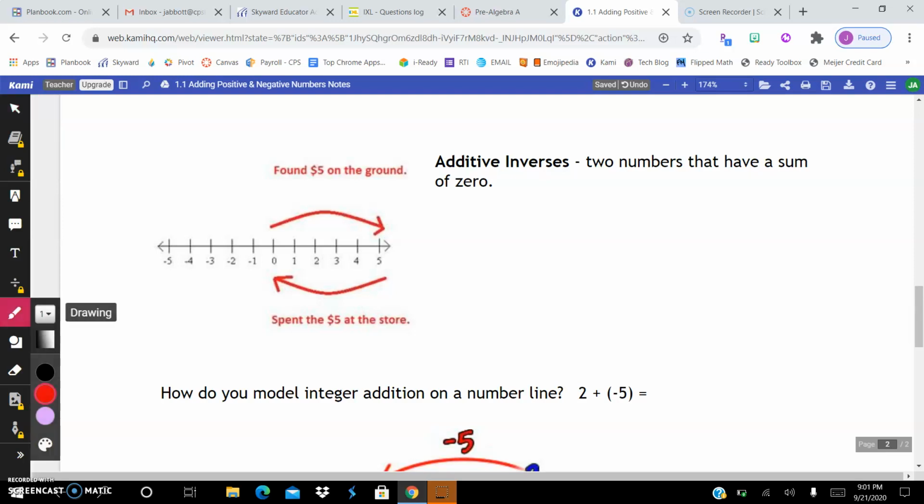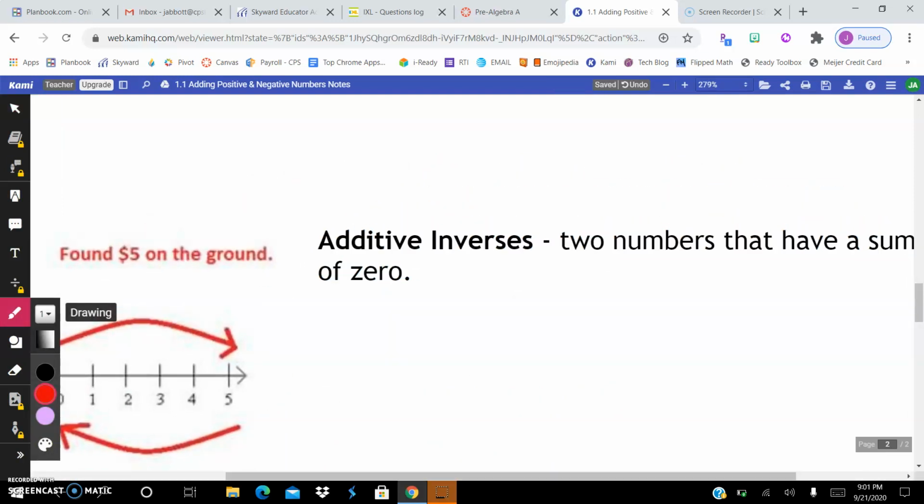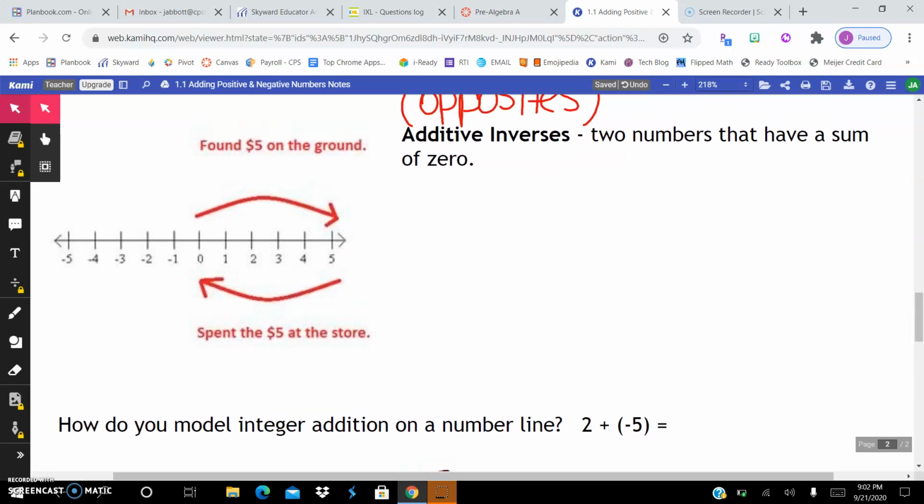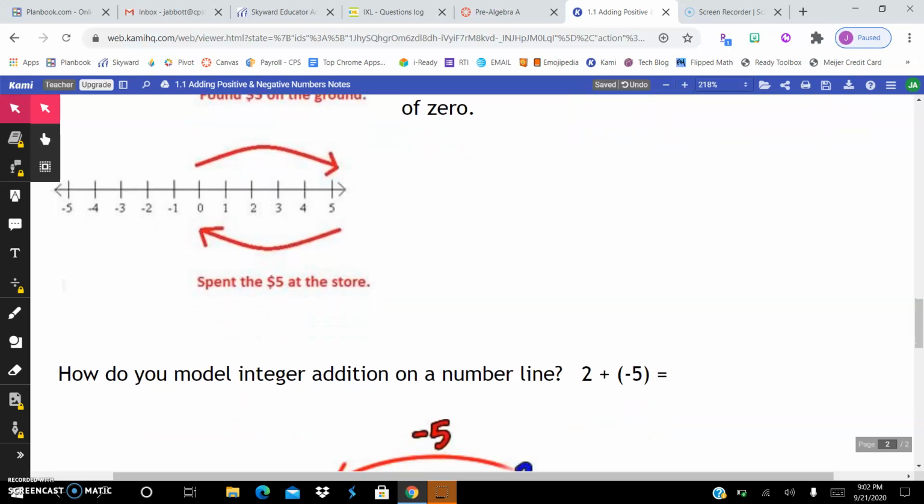So another word for additive inverse is opposites. Okay, and here's a picture. You found $5 on the ground, and then you spent that $5, so you're back at 0. Those two numbers are additive inverses or opposites.